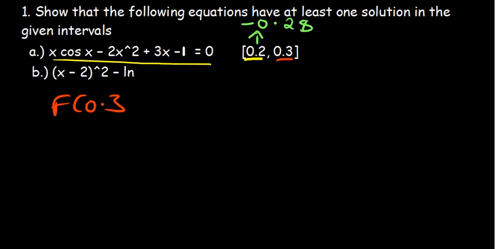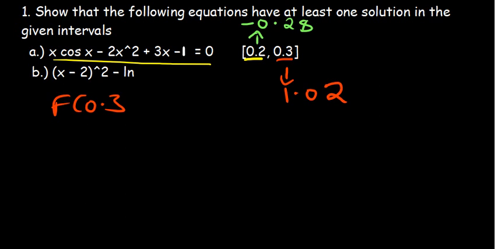Try to put 0.3, and then we try to see what we are going to have as a solution. Okay, so on my end, the answer that I'm getting is 1.012. Okay, this is what I have.